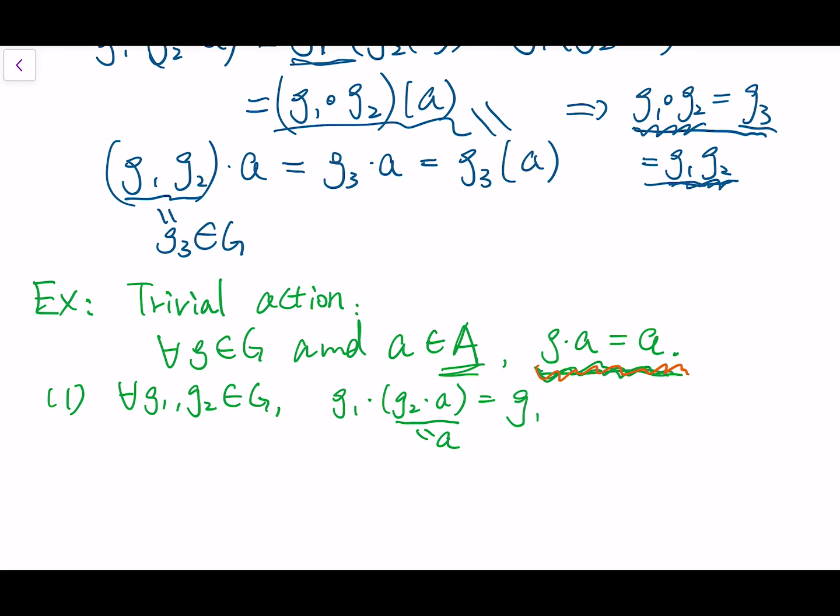So this gives us G1 acting on A, because this part is equal to A itself. And similarly, this is also an element of G acting on the element A, which is the identity map because of the definition of the trivial action. So we will get A here.